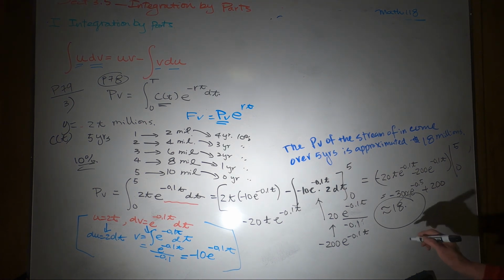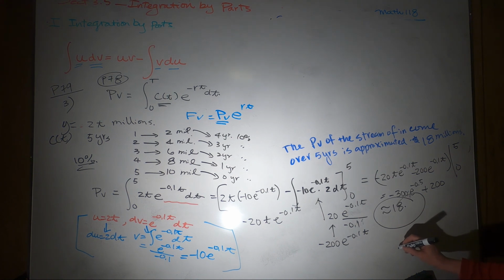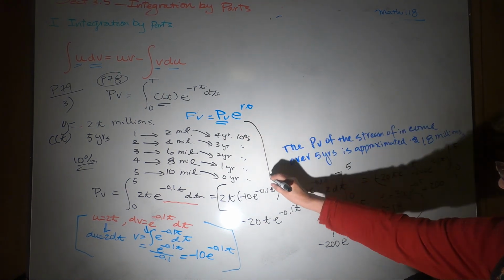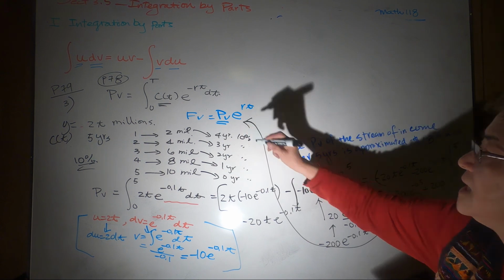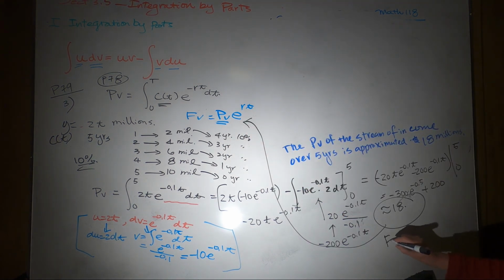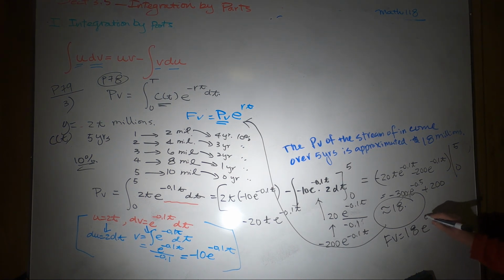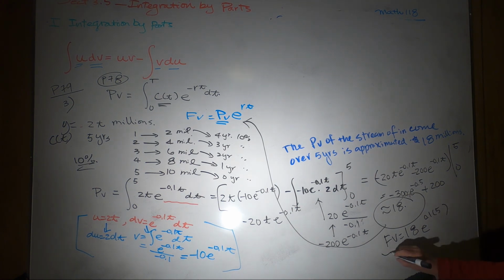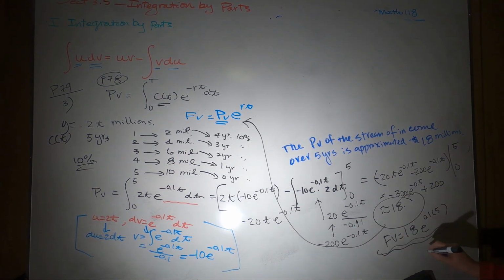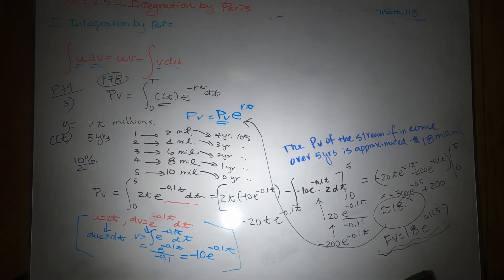If you plug in the present value, then your future value is equivalent to 18 million times e to the 0.1 times 5 years. See how much the future value will be.